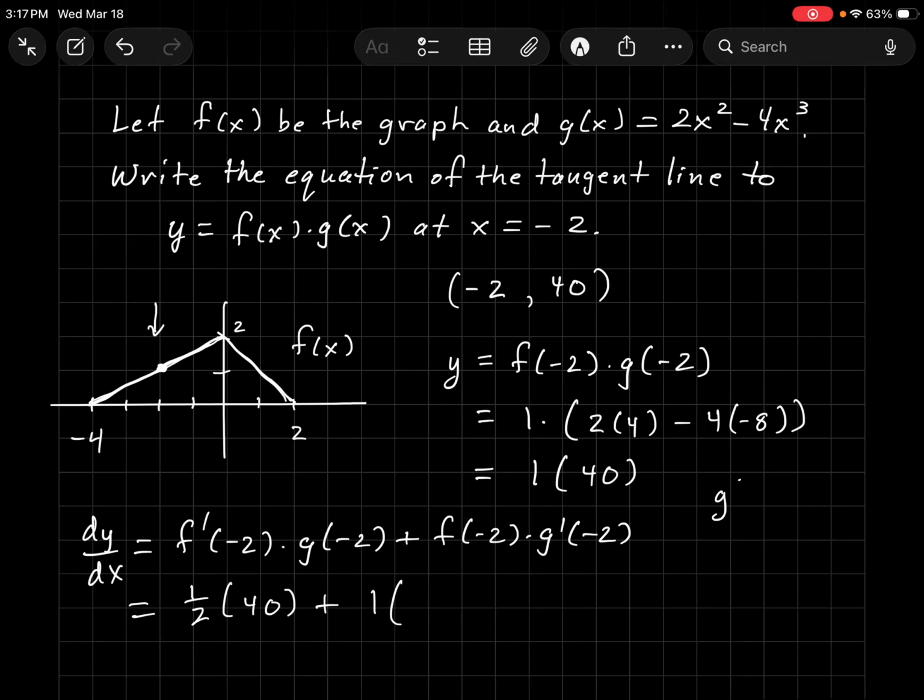So the only thing we're missing is g prime of -2. Let's find g prime of x first, which is 4x minus 12x squared. And then g prime at -2 is -8 minus 12 times -2 squared, or 4. Simplifying that, we get -56.